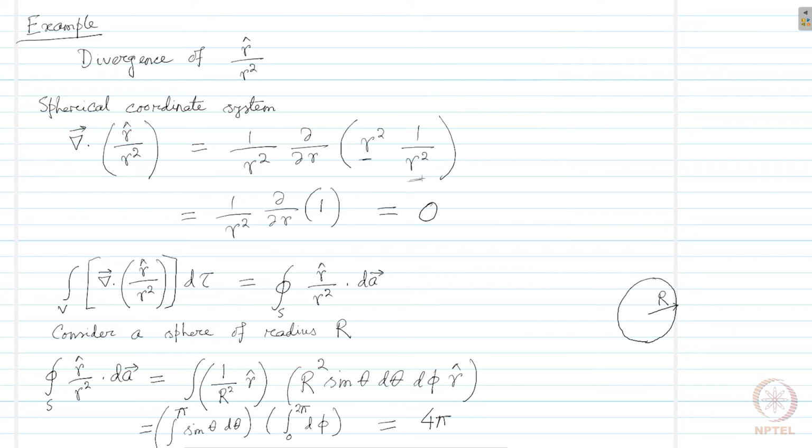So, what is valid at r equals 0? At r equals 0, we must have a different kind of function. Actually, Dirac solved this problem by introducing a Dirac delta function. So, according to Dirac, this divergence must be 4 pi delta r.